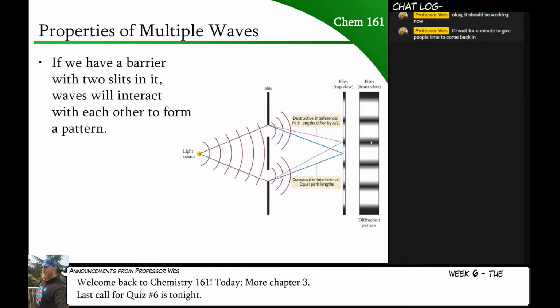What does the result look like when you hit the wall? It looks like this. If you have two waves coming from two different slits that are generated by a diffraction pattern, then the result that you end up getting looks like this over here.